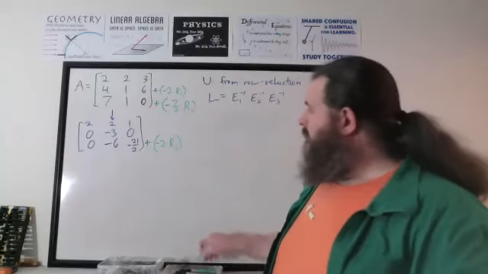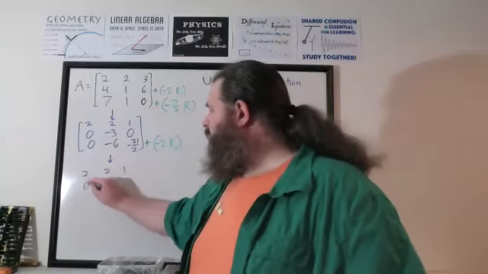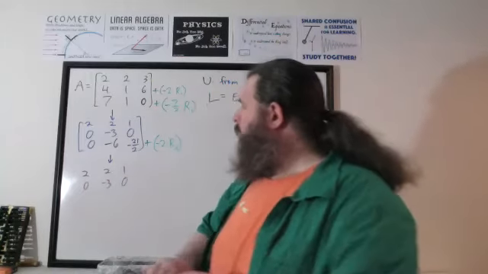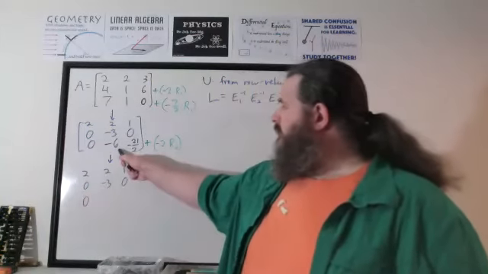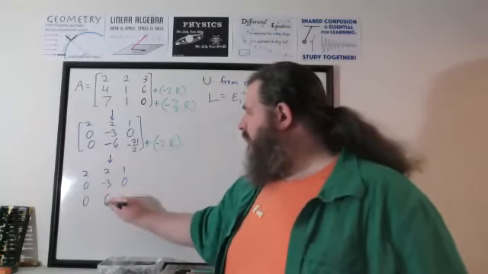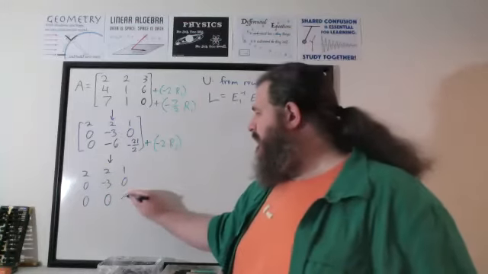That way, first row is not changing, second row is not changing. Third row, we've got nothing plus nothing. -6 plus 6 is 0. And -21/2 plus -2 times 0 is still -21/2.